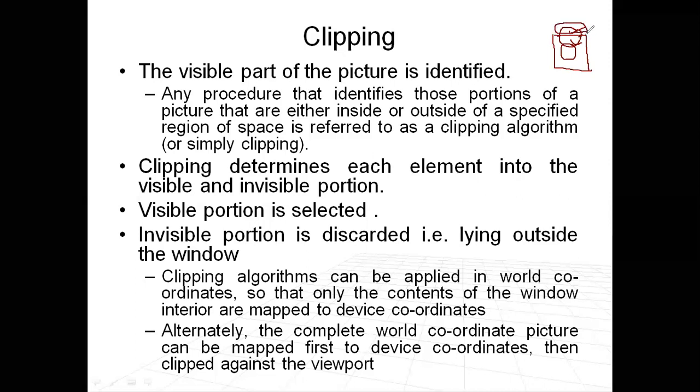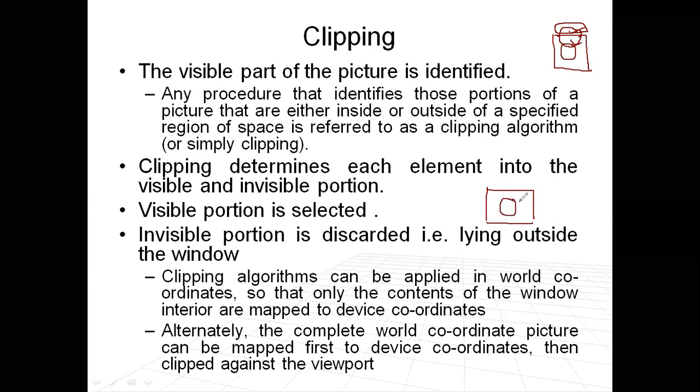This is basically the process of clipping. In clipping, the visible part of the picture is identified. Once again, I draw a window or a viewport related to which an image is generated.